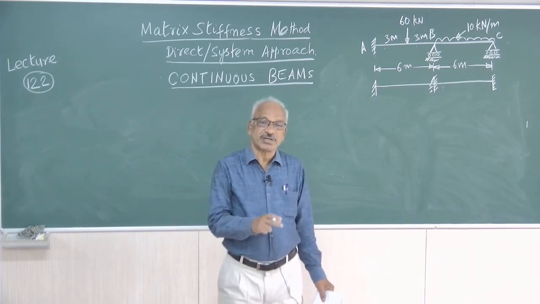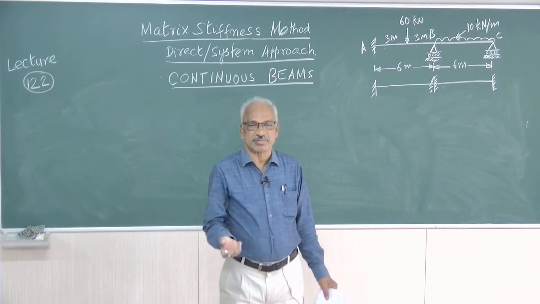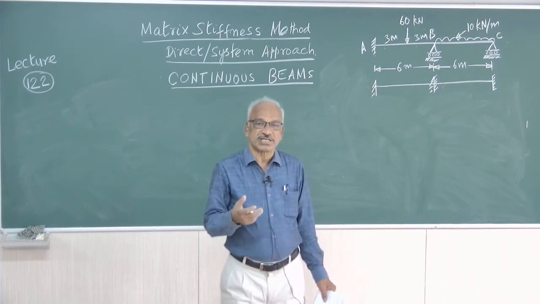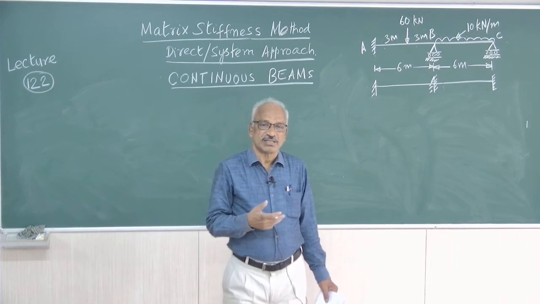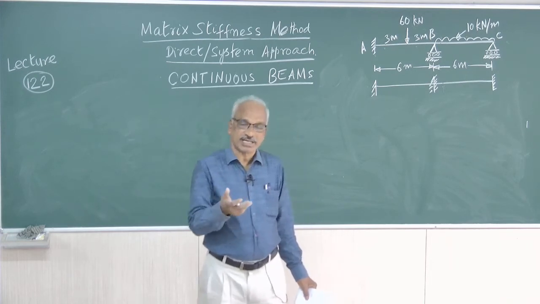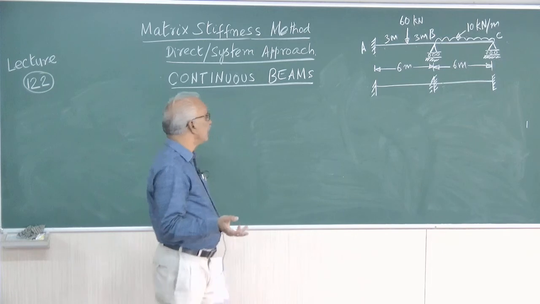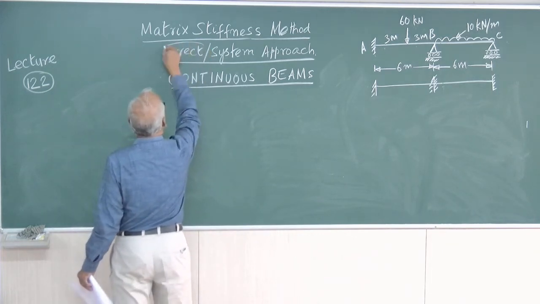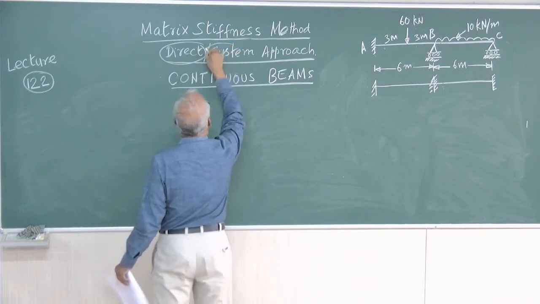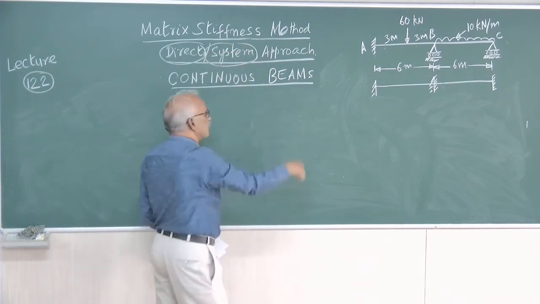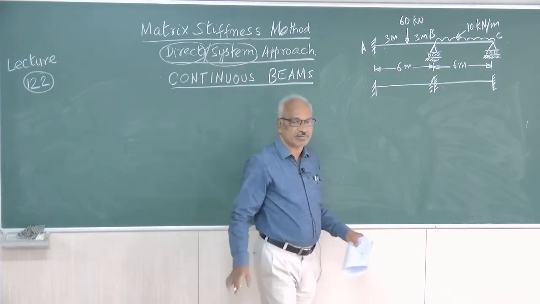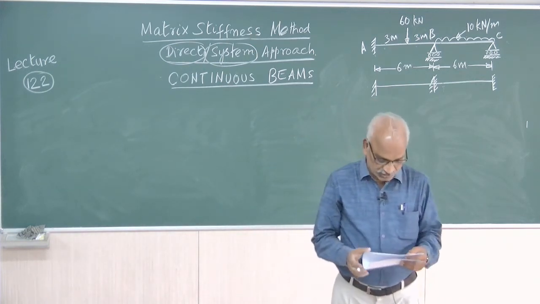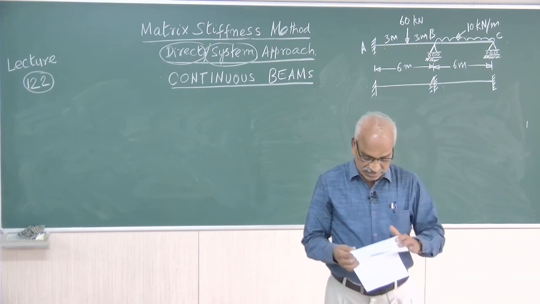One is the element approach, the other is the system approach. The element approach we have already discussed in earlier lectures, 13 to 20 etc. Now we are following the direct approach or system approach. So how to solve this problem? By using the system approach or direct approach. This is what is given in the current syllabus.